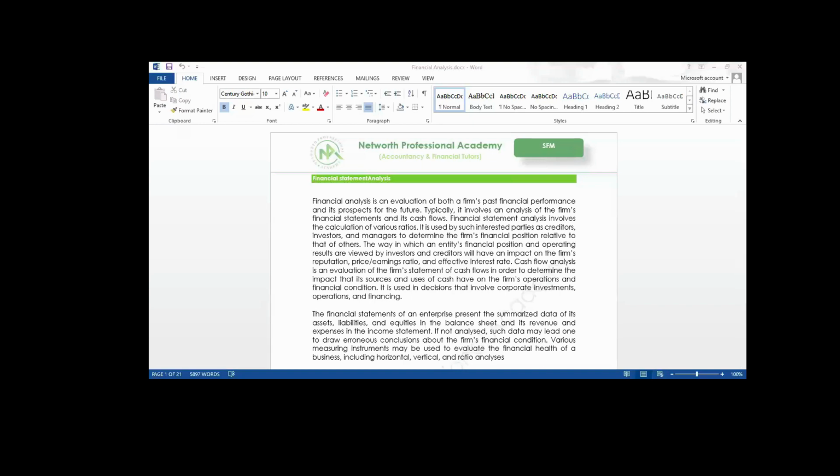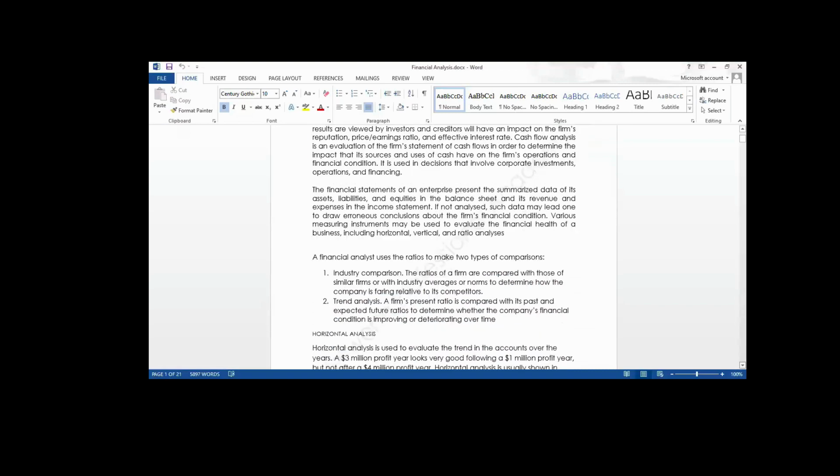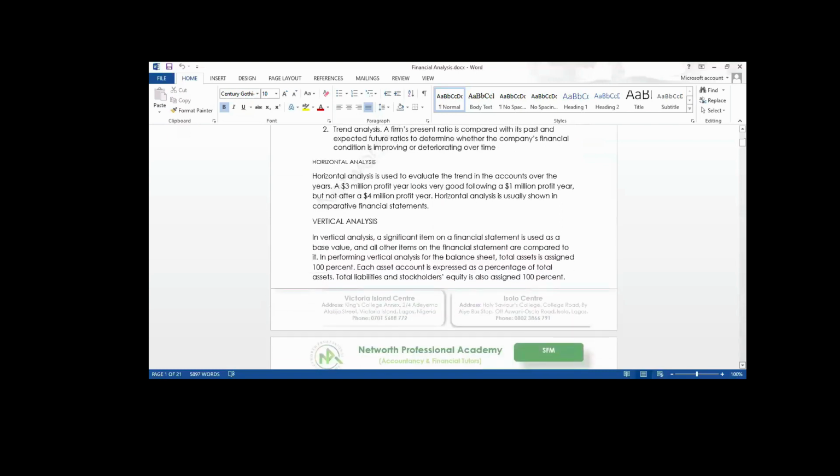If you are given the financial statement for 2023 and required to forecast statements for 2024, 2025, what the examiner is testing is your knowledge of accounting principles.